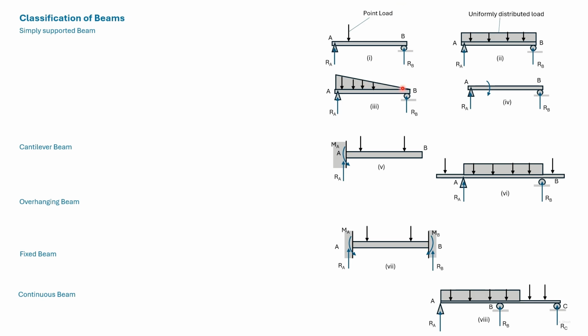This is a triangular distributed load. It can have, say, a magnitude of 70 kN/m at A, 30 kN/m somewhere in between A and B, and 0 at B. There can be other forms of distribution, such as a parabolic distribution of load.